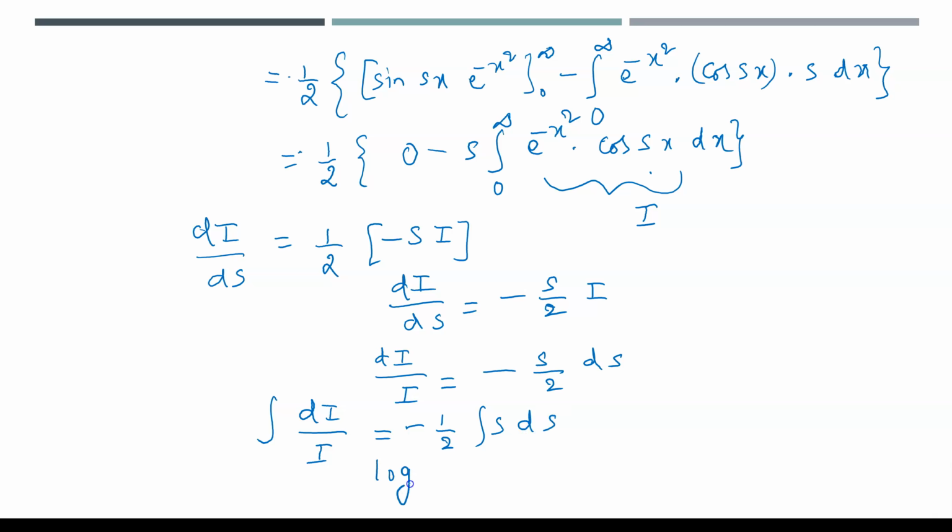So log I equals minus 1/2 times s²/2, plus log c, that is, log I equals minus s²/4 plus log c.